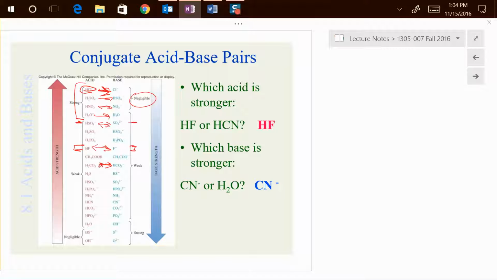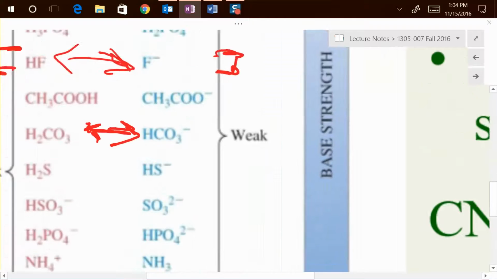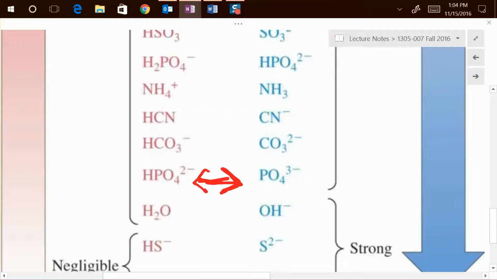I get down here, look at my acid strength. It's getting weaker and weaker, okay? I get down here to HPO4 2 minus. HPO4 2 minus goes to PO4 3 minus, but this is a stronger base than this is an acid.